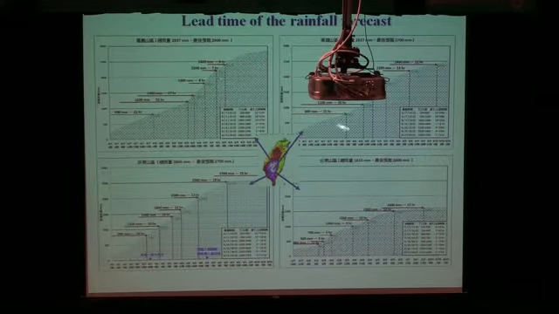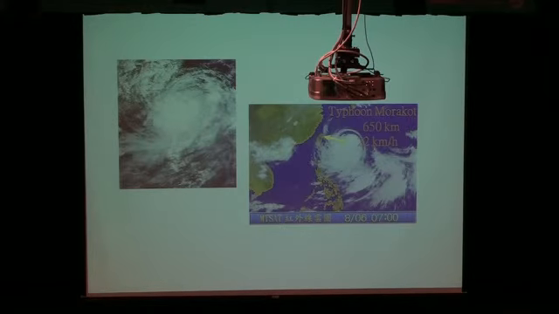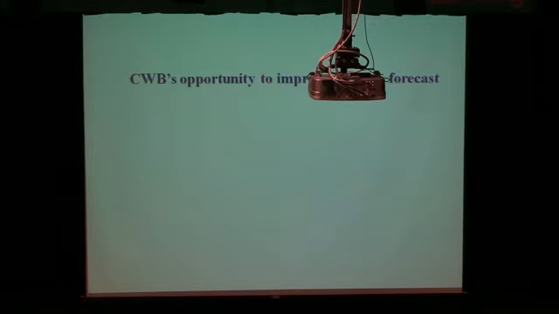Only a few areas, particularly over the east side of this mountain, were underestimated, so we have less leading time. Overall, the leading time is generally more than 11 hours. I will skip some of the detail of what we have tried to improve our forecast system.